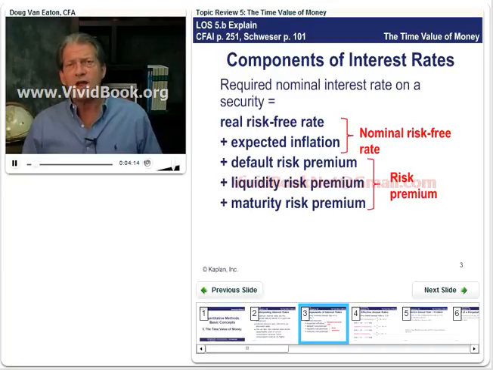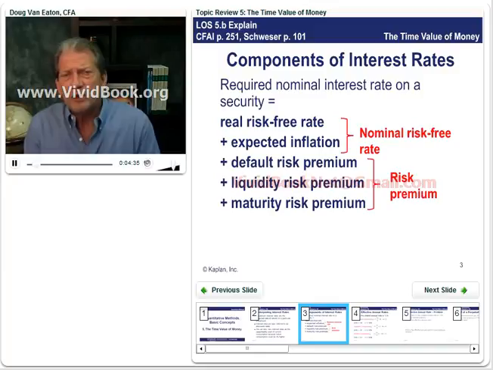The real rate tells us how much more stuff we can get. And the difference is the inflation rate. Now, we've got the nominal risk-free rate, and typically we'll use that for treasury securities of governments that don't default on their debt hardly at all ever. And that's our risk-free rate.